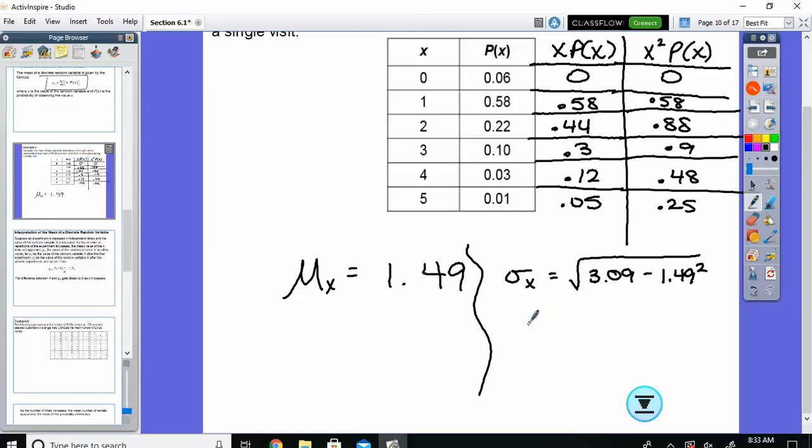And we get a standard deviation of 0.9327. If I asked you to find variance, what would you do? Square that. Variance is just standard deviation squared. Are there questions on how I got that value?